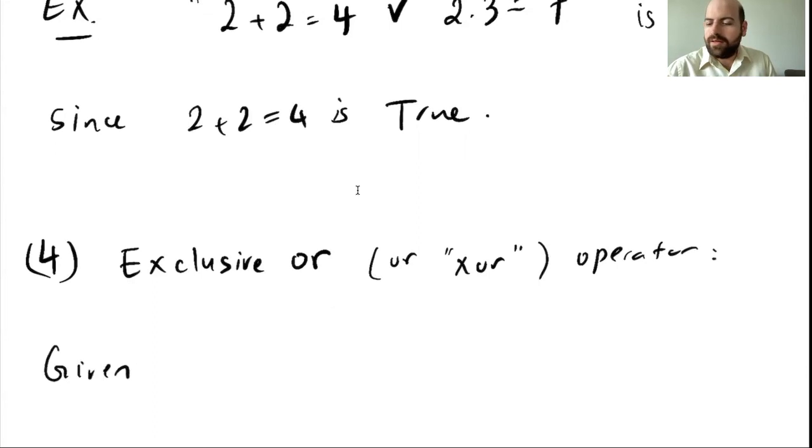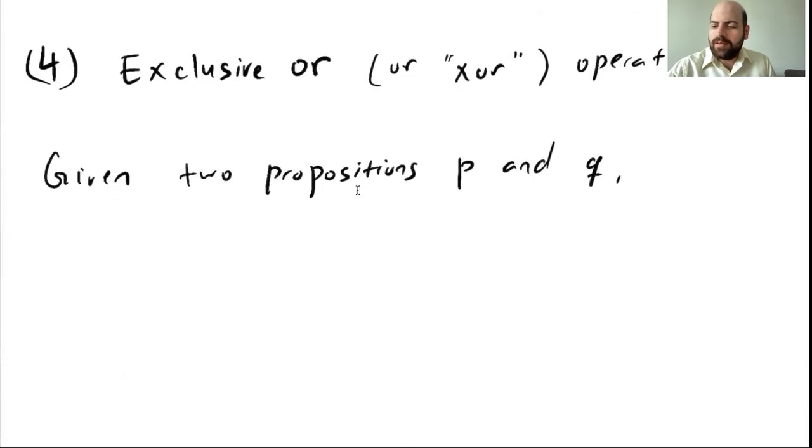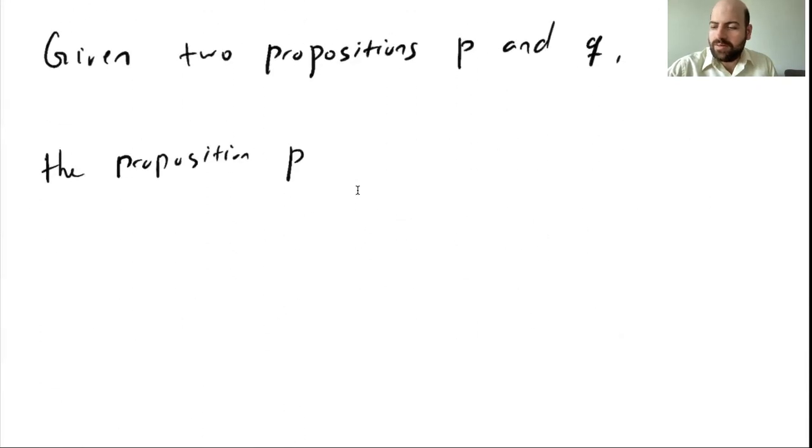Again, given two propositions P and Q, the proposition P XOR Q. This is the notation for exclusive or: a plus with a circle around it. It's just a notation for this operator.